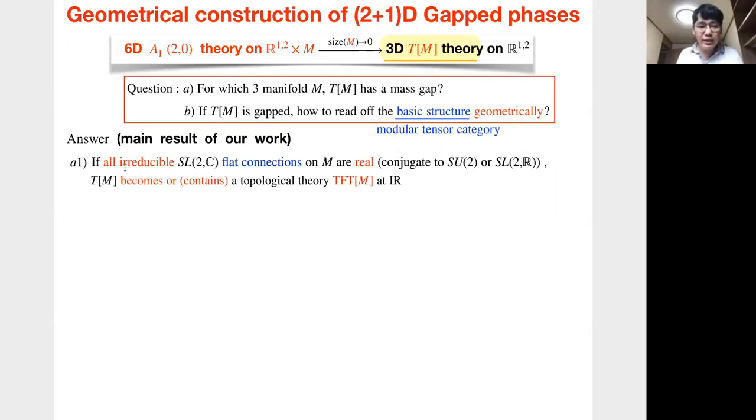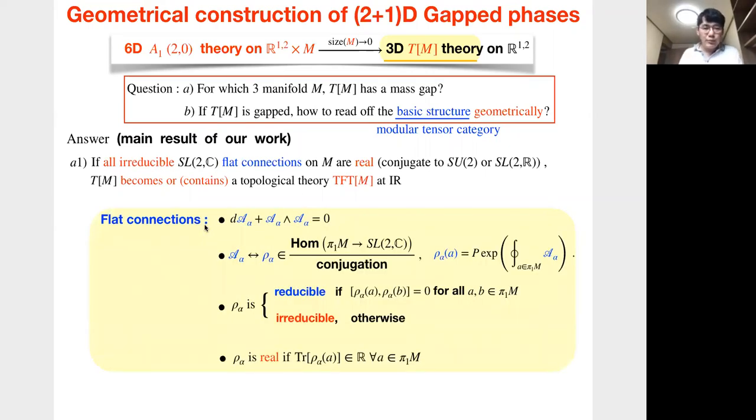So let me explain the meaning of irreducible flat connections being real. Flat connections are usually described by an SL2C Lie algebra 1-form, which satisfies these differential equations. But a simple way to describe a flat connection is using the holonomy matrices. Using these, we can mathematically define the flat connection as a homomorphism from the fundamental group to SL2C up to conjugation.